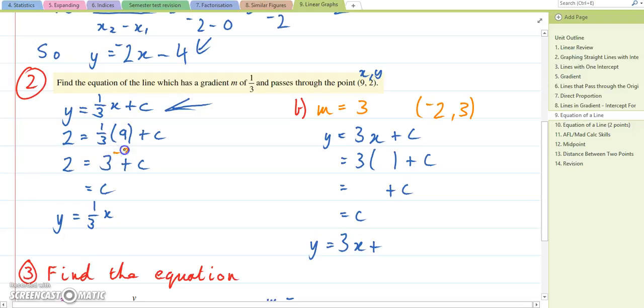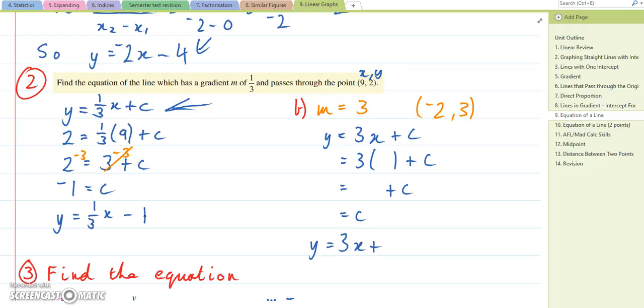If I subtract 3 from both sides, I end up with negative 1 equals c. And we rewrite the equation, so y equals 1/3 x minus 1. So that's the equation where the gradient is 1/3 and it passes through the point 9, 2.